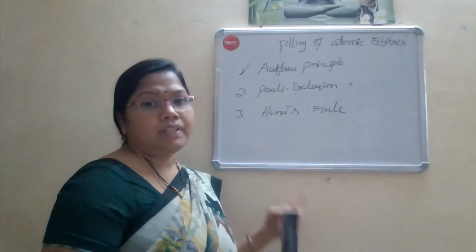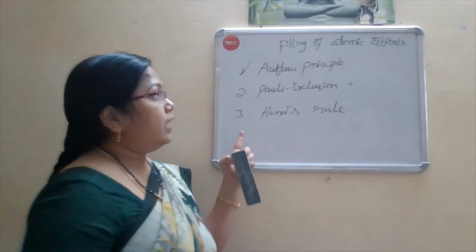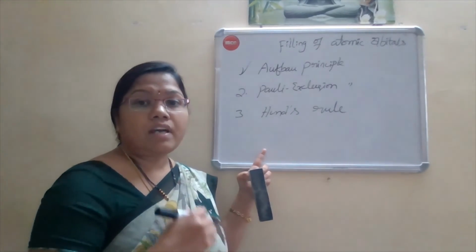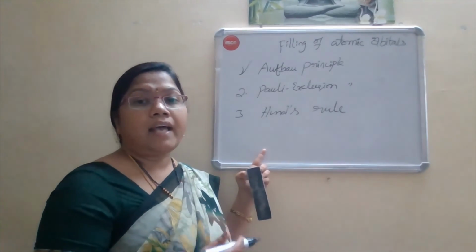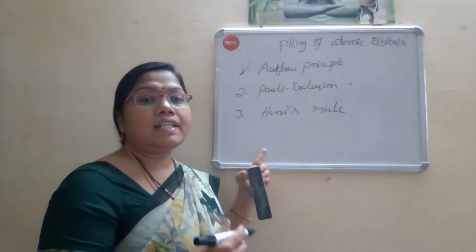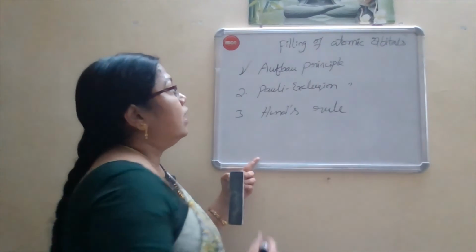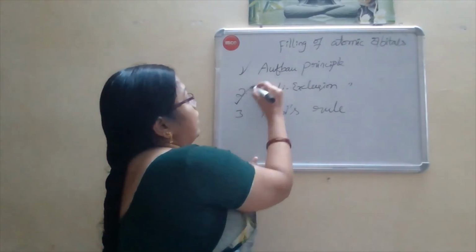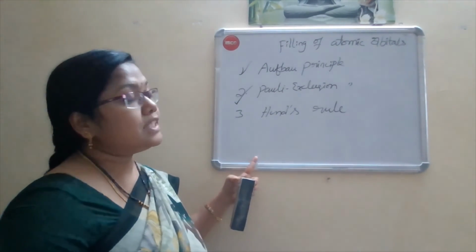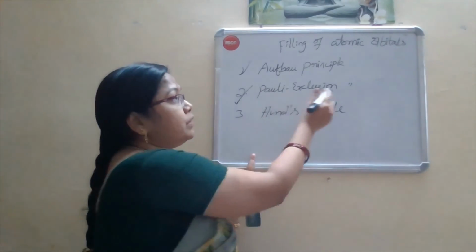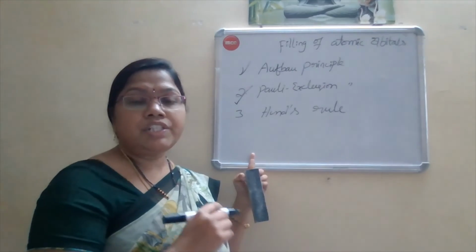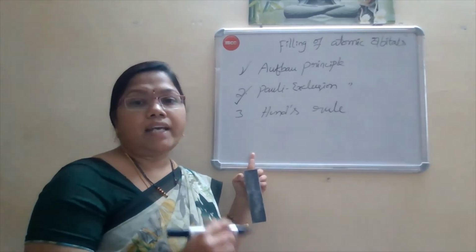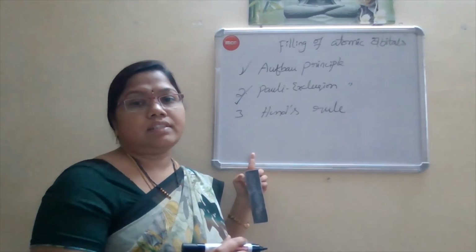First one, Aufbau Principle. According to this principle, electrons first occupy lower energy orbitals before occupying higher energy orbitals. Next, Pauli Exclusion Principle. According to this principle, each orbital contains 2 electrons.